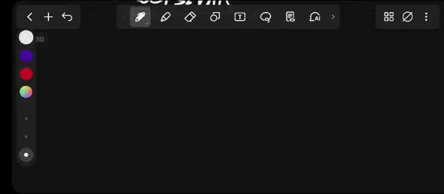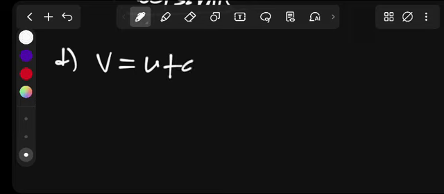So D, we want the tangential acceleration. It's the same as linear acceleration, we know that, AT.